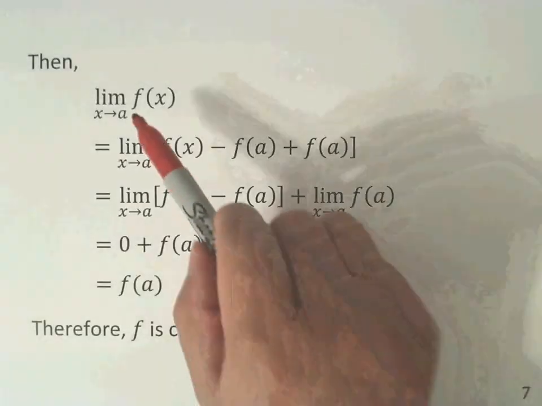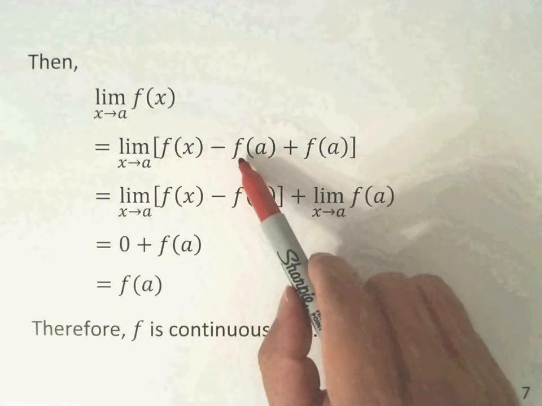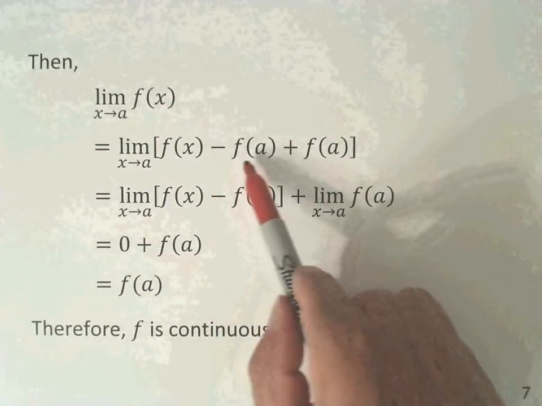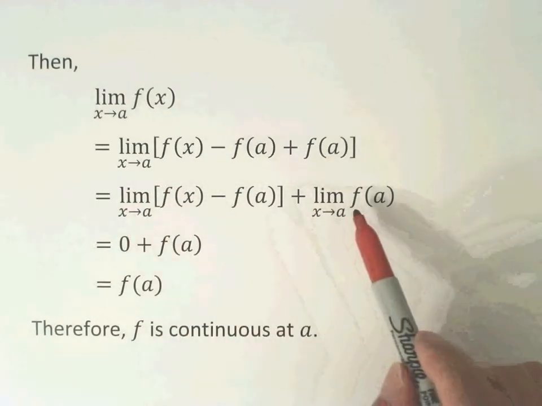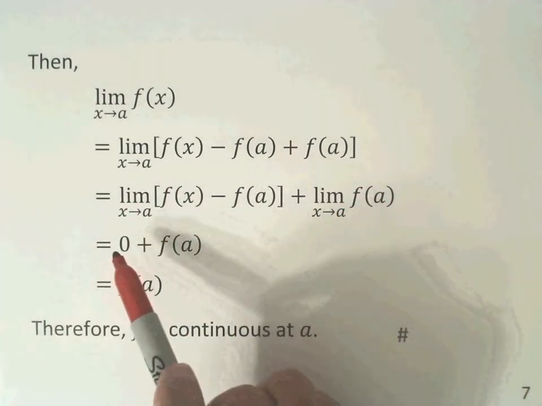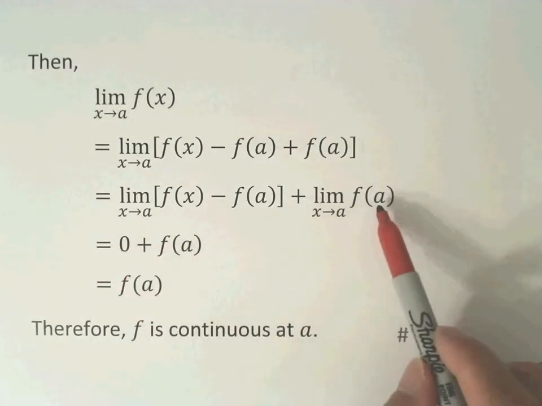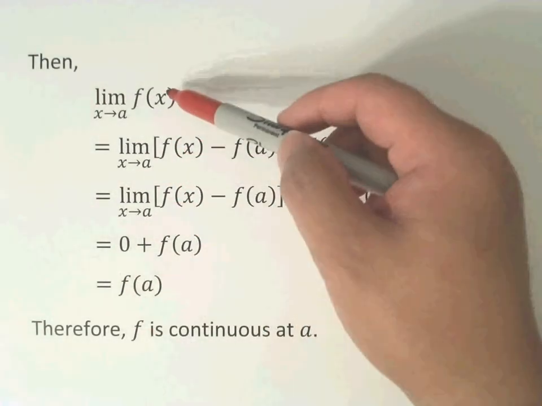If you need some detail, it's like this. The limit of f is the limit of f minus the term plus the term. If we cancel this term, they are the same. And then we use the sum law of limits. The first limit plus the second limit. The first limit is 0, we just proved that, right? The second limit is itself because it is a constant, and therefore the limit equals f of a.